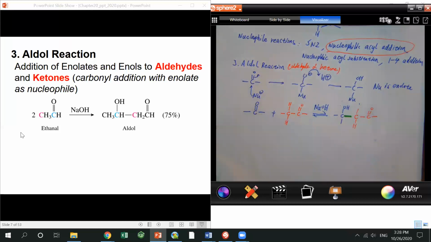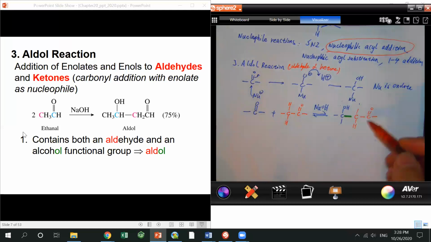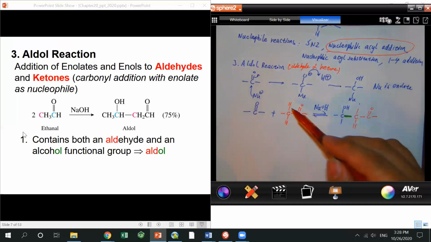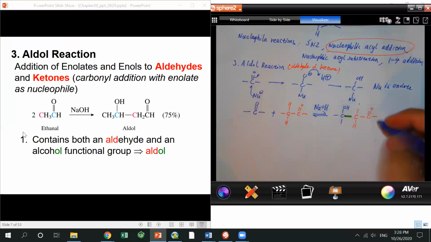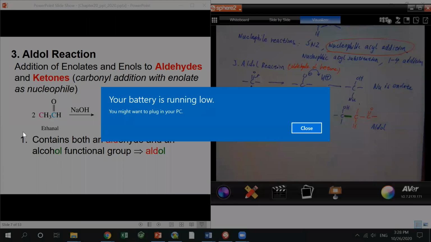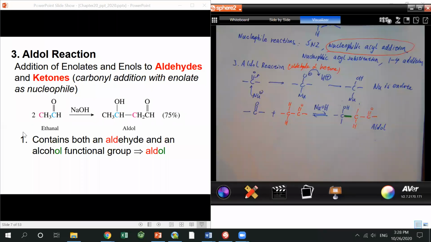This new compound has both an aldehyde part and an alcohol part. So the product we call an Aldol: ALD from aldehyde, and OL means alcohol.